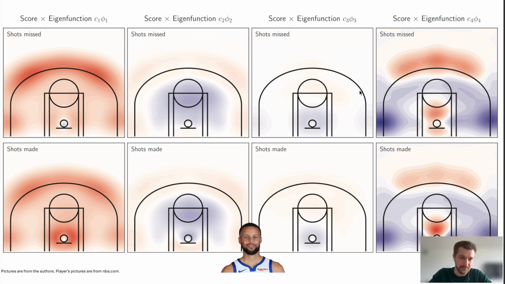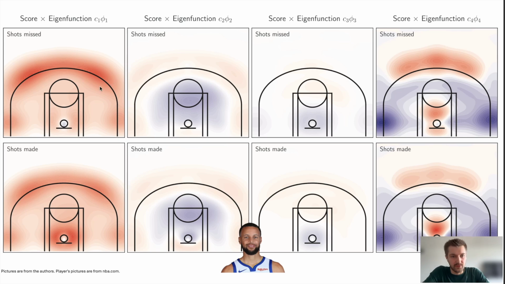What you see here is, as a reminder, compared to the mean function, the mean density of shots for each player. So if it's red, the player will tend to have more shots in this area, and if it's blue, he tends to have fewer shots in this area.